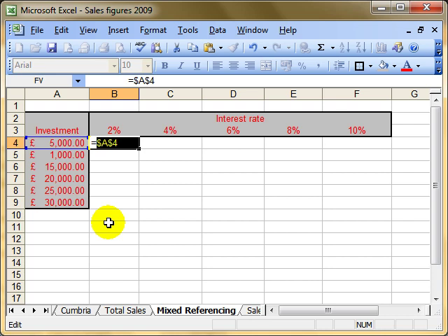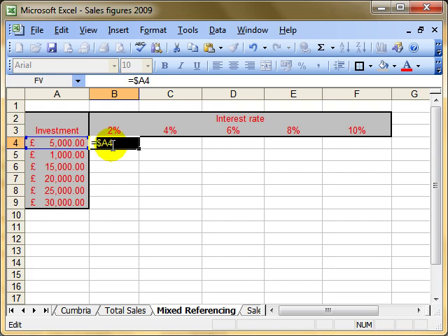So what we want for this case is not absolute. We want it mixed, but we don't want to lock the 4, which is what the $ does. We want to lock the A. $A4.